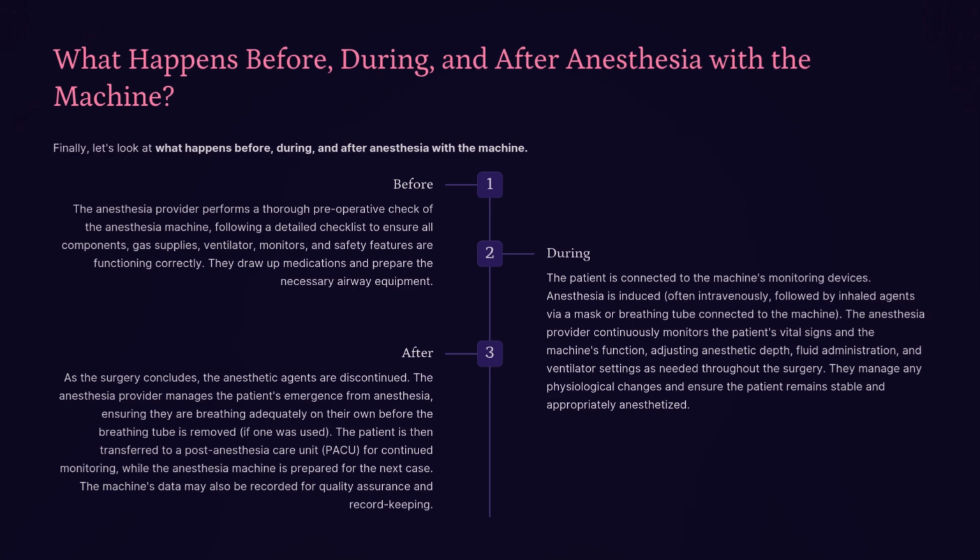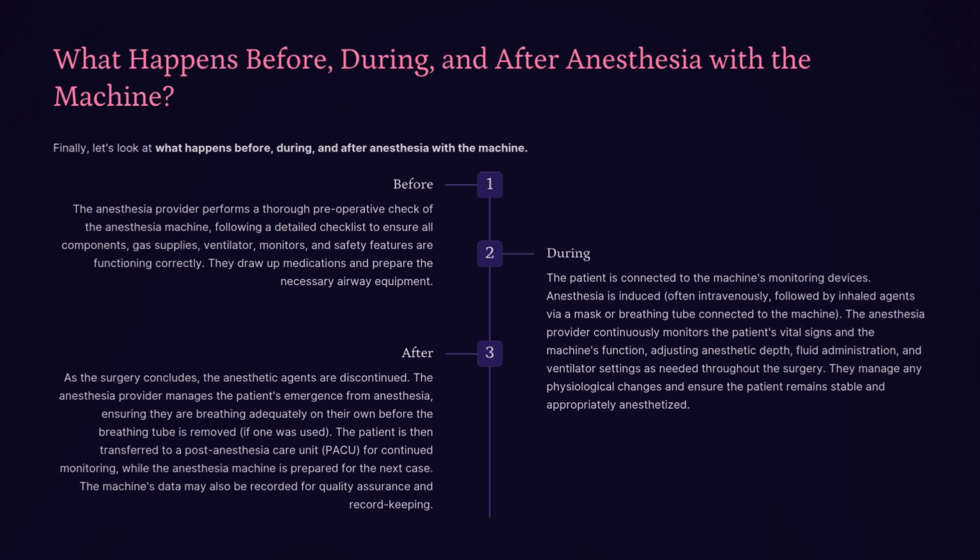Finally, let's look at what happens before, during, and after anesthesia with the machine. Before, the anesthesia provider performs a thorough preoperative check of the anesthesia machine, following a detailed checklist to ensure all components, gas supplies, ventilator, monitors, and safety features are functioning correctly. They draw up medications and prepare the necessary airway equipment.